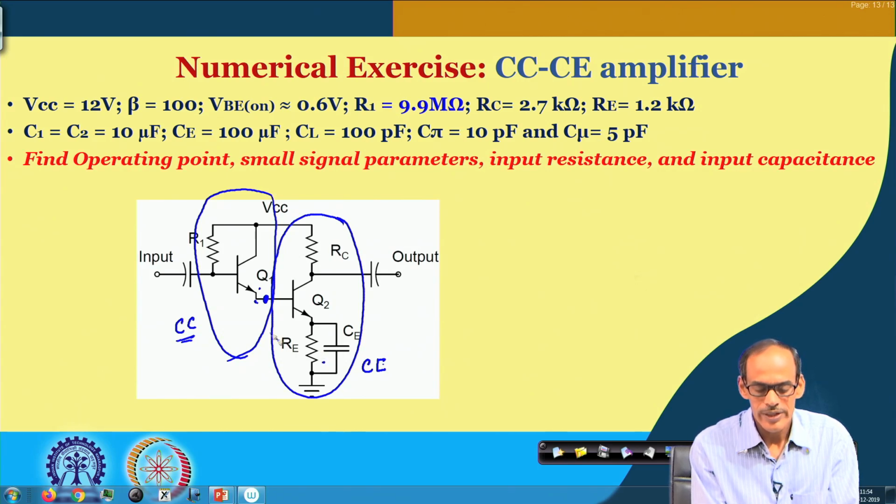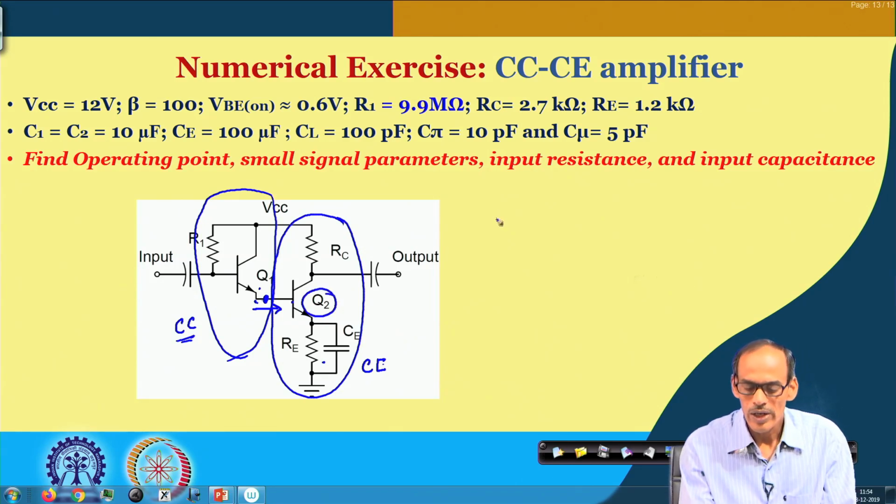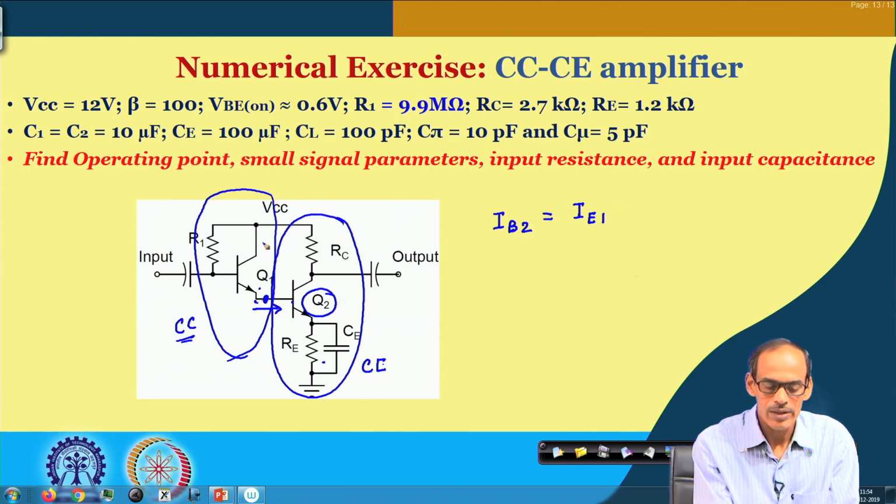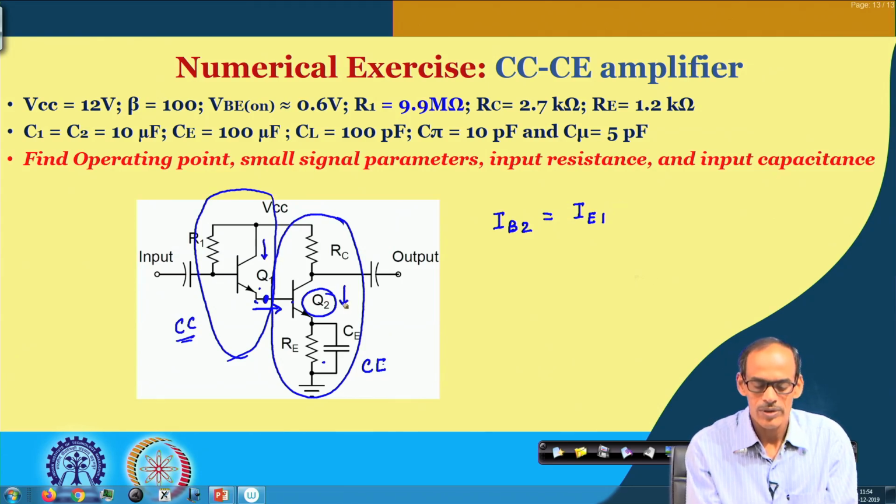So, we are assuming that whatever current is coming from Q1, its emitter current, is getting consumed by the base terminal of Q2. So, I should say that IB2 is equal to IE1, indicating that the current level here is much lower than the current level we have.